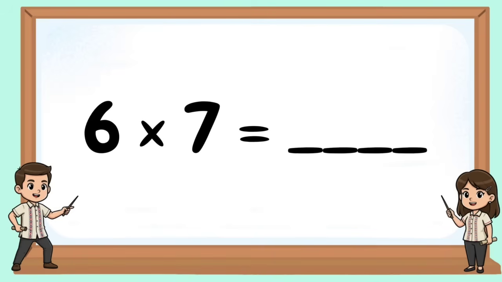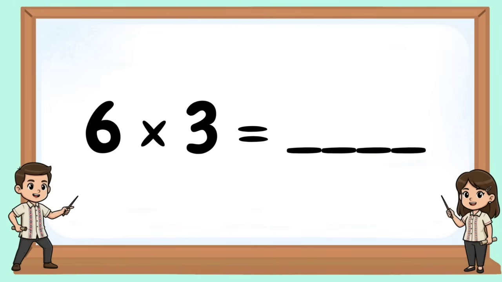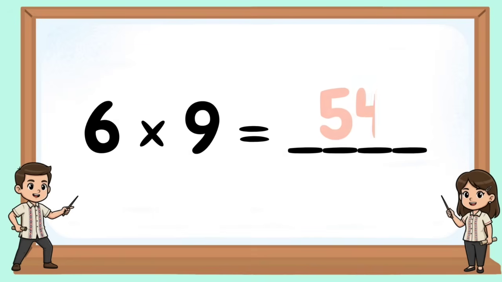6 times 7 is equals to 42. 6 times 3 is equals to 18. 6 times 9 is equals to 54.